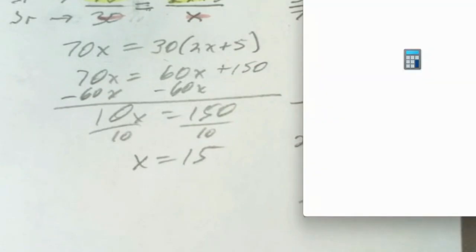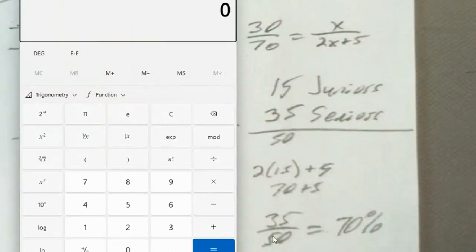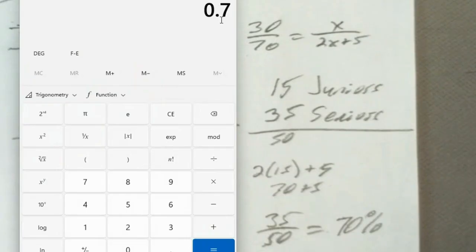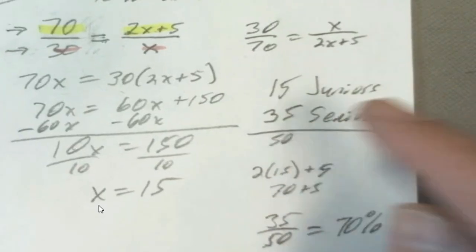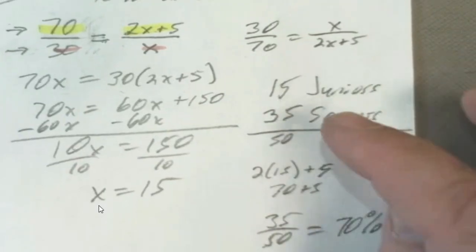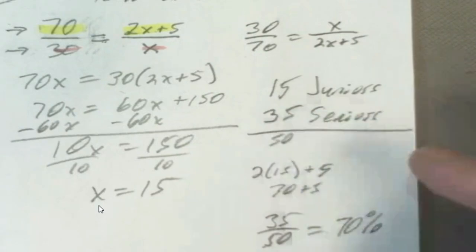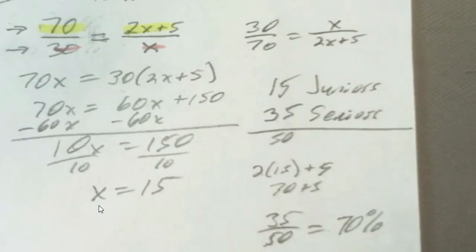It is 70%. Just divide that. 35 divided by 50. That's 0.7, 70%. So the math works out. When we check it, yep, that would be right. If there's 35 seniors and 15 juniors, that means 70% are seniors, 30% are juniors.